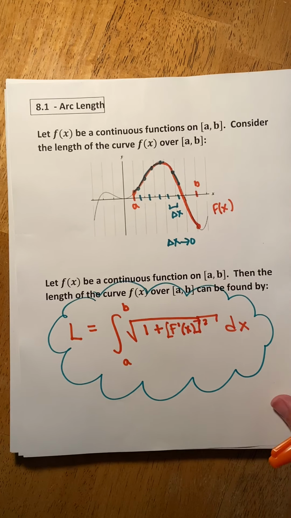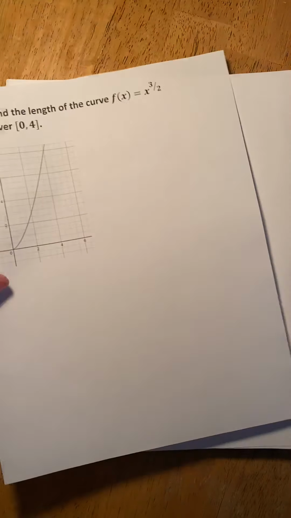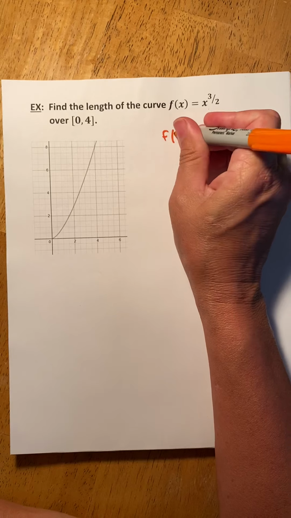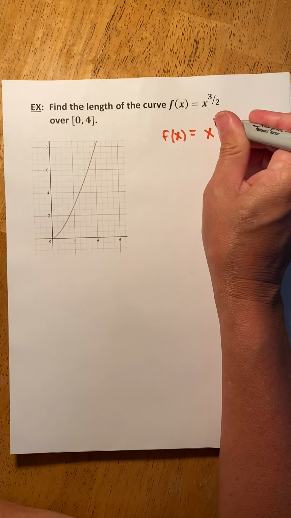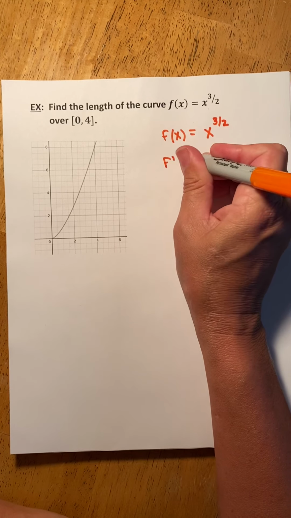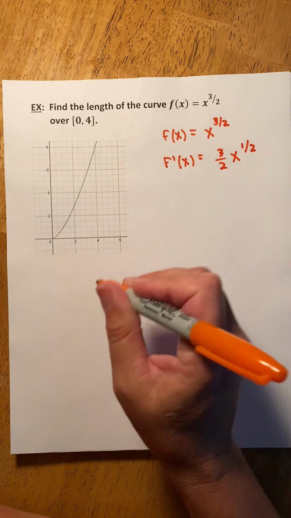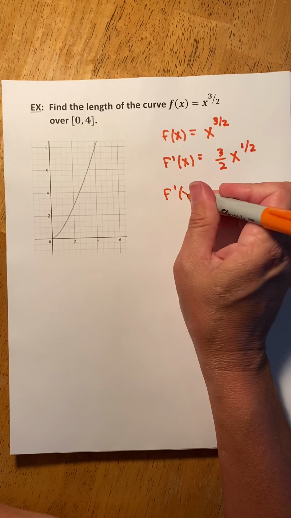So let's practice this. Let's find the length of the curve x to the 3/2 over the interval 0 to 4. So we have f of x equals x to the 3/2. And the derivative of f would be 3/2 x to the 1/2. And then we have to square the derivative.